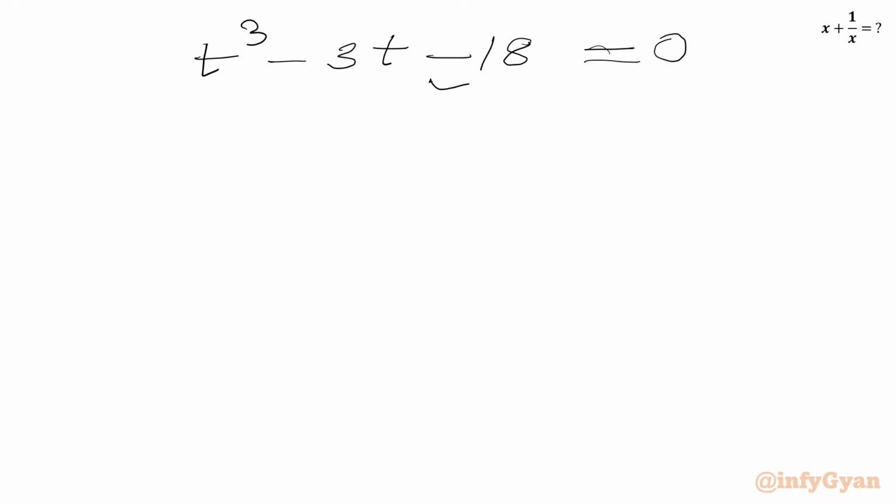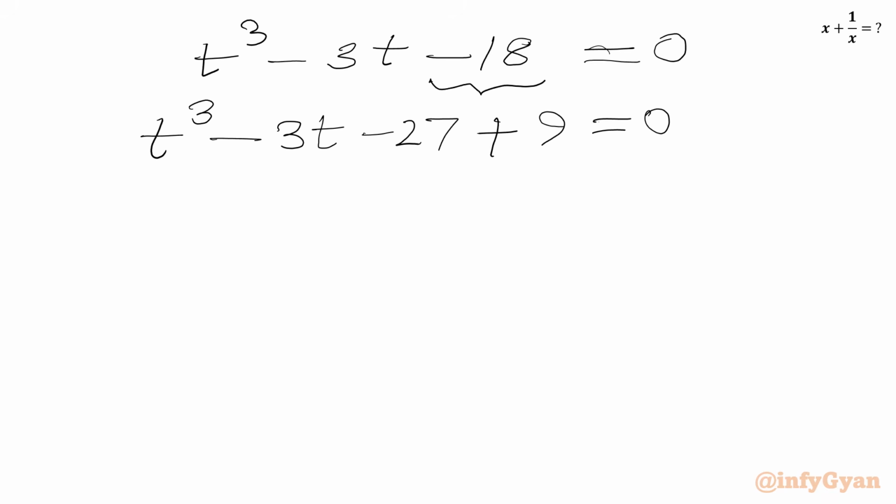Again we can split minus 18. So we will be writing t cube minus 3t. In place of minus 18 we can write minus 27 plus 9 equal to 0. We will write t cube minus 27, 27 is 3 cube. Then we have minus 3t term, then we will write 9 equal to 0.